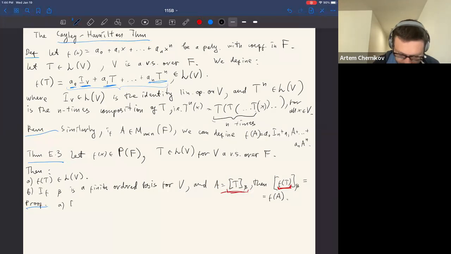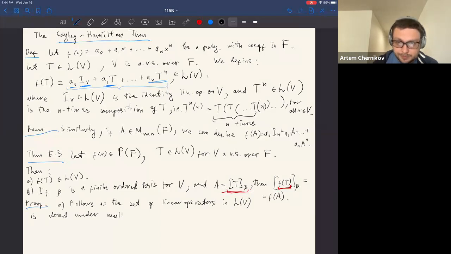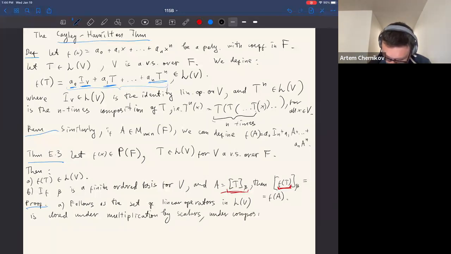Part A follows since the set of linear operators in L(V) is closed under multiplication by scalars, under composition, and under addition.